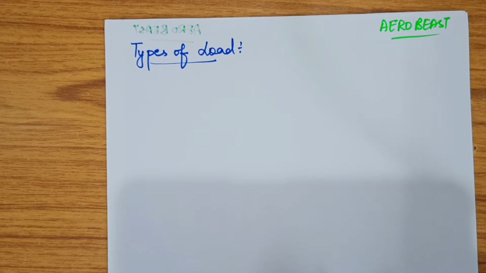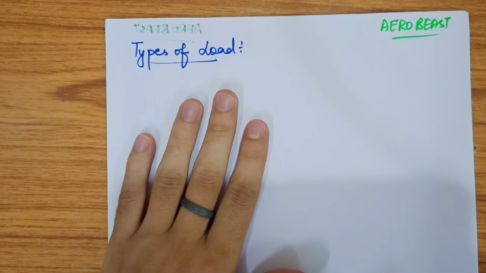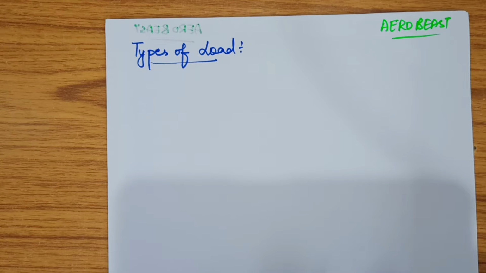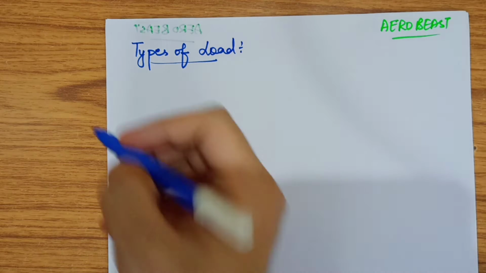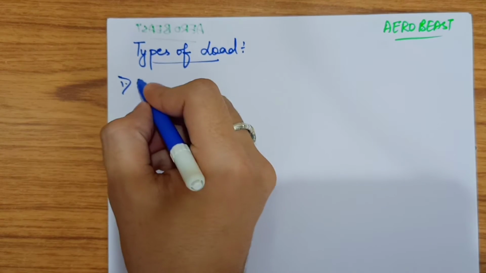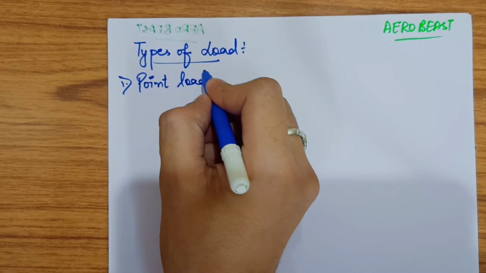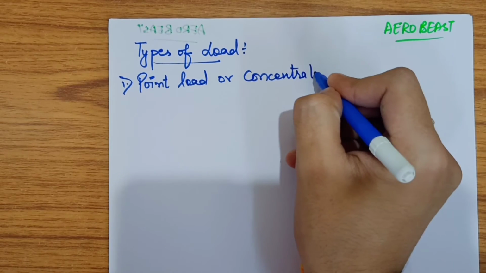In this lecture we will discuss types of load and further we will discuss supports and their types. Going with the types of load, the first one is point load or concentrated load.